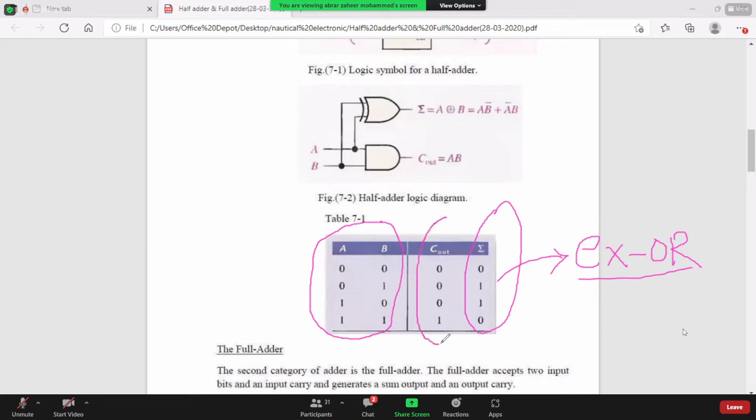And for the Cout, for 0, 0, the output is 0. For 0, 1, it is 0; 1, 0, it is 0. And for 1, 1, it is 1.